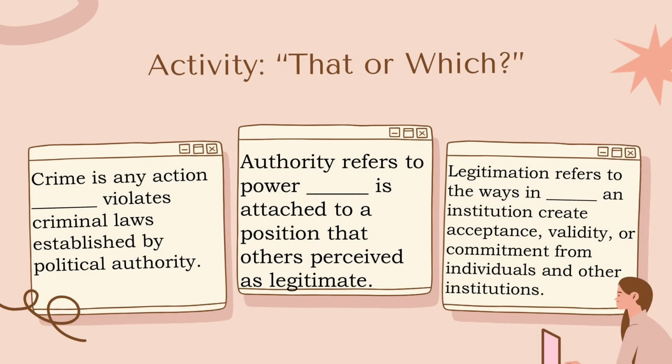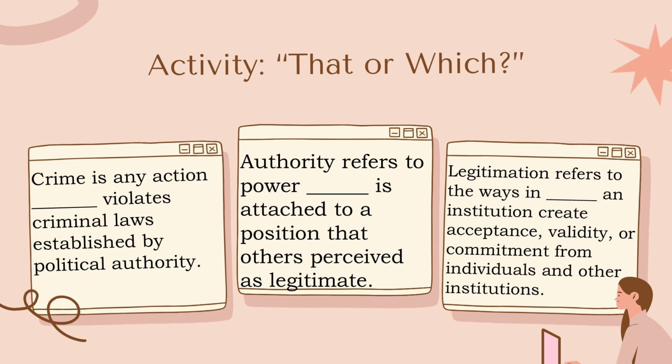And now let's try to answer this activity. All you have to do is choose whether it is that or which. First sentence, crime is any action blank violates criminal laws established by a political authority. Is it that or which? Second sentence, authority refers to power.